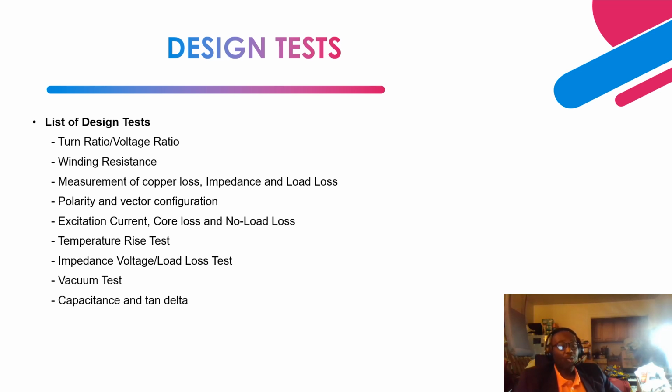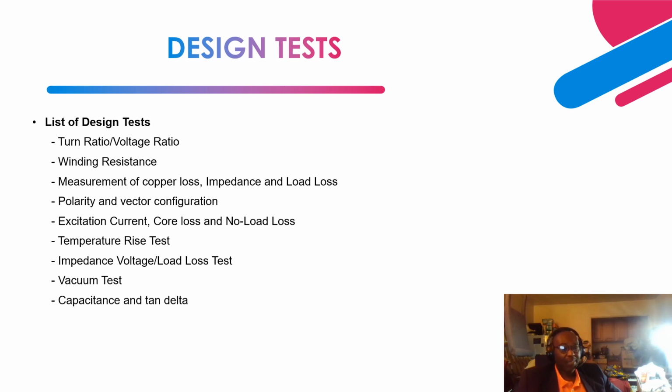During this testing, current is injected, the voltage is measured, and the winding resistance is determined and corrected to about 80 or 90 degrees Celsius. We also utilize these results to determine the copper loss, I squared R, and we utilize this load loss or copper loss as part of the temperature rise test.